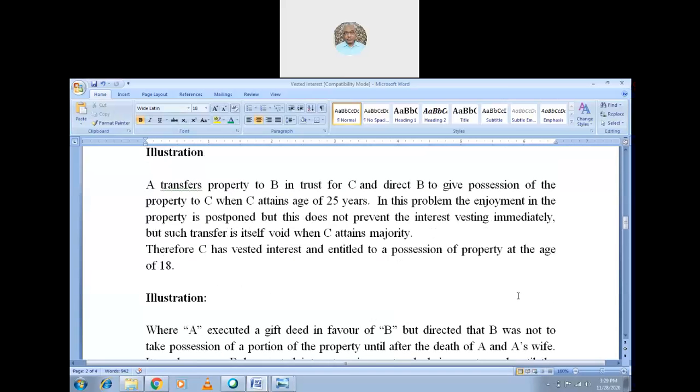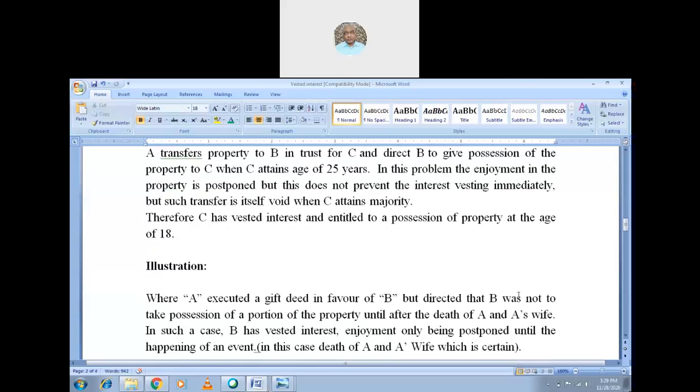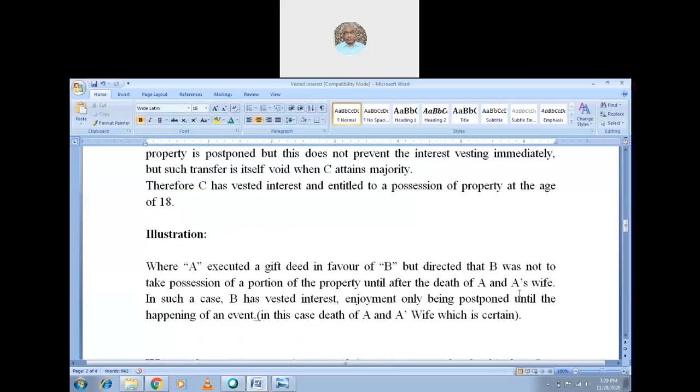Let us see another illustration so that you can have a firm idea of it. Let us see where A executed a gift deed in favor of B. So it is a gift deed in favor of B. Whenever a gift is made, naturally, unconditionally, the gift should be given, and possession should be given.